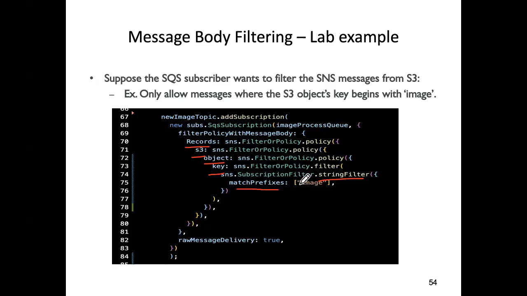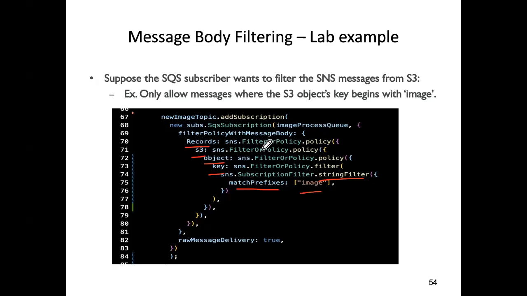You can specify more than one prefix, but I'm saying I'm only interested when the prefix value associated with the key called key is the substring image. And all of this stuff here, this filter policy, it's just boilerplate syntax.